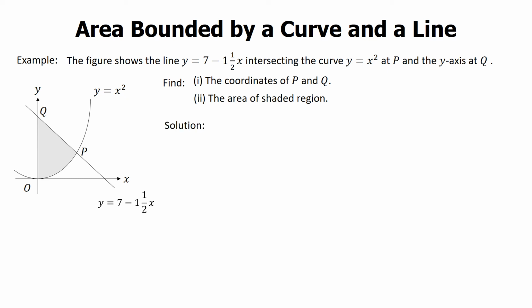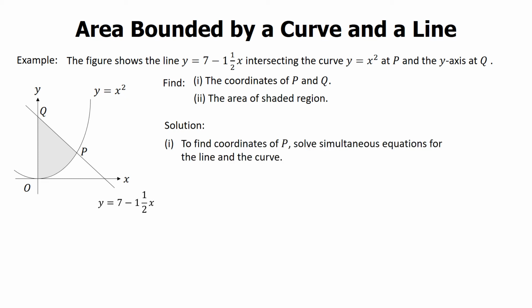Here's the solution. To find the coordinates of P, we just need to solve the simultaneous equations for the line and the curve. The equation of the curve is y equals x squared. The equation of the straight line is y equals 7 minus 1.5x. By equating them, x squared equals 7 minus 1.5x. Multiplying both sides by 2, I get 2x squared equals 14 minus 3x.